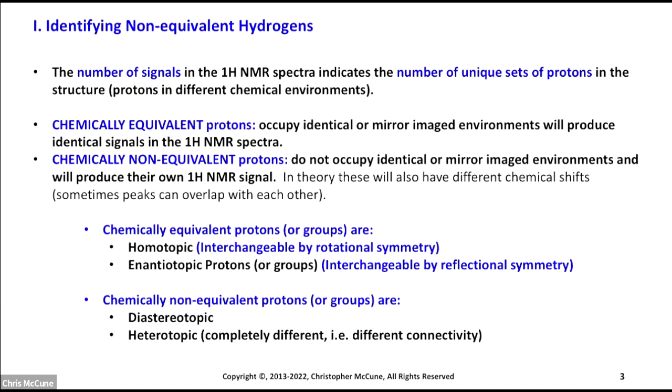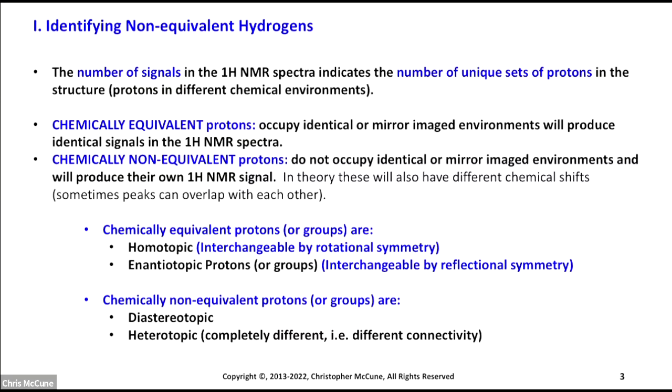In theory, these will also have different chemical shifts. However, sometimes peaks can overlap with one another. So you may have two sets of unique protons that, in terms of functionality, are pretty similar, and they might have similar chemical shifts, and those chemical shifts might overlap. So it appears as if it's one signal, but when you look at the structure, then you can infer back to the knowledge of what we're talking about here.